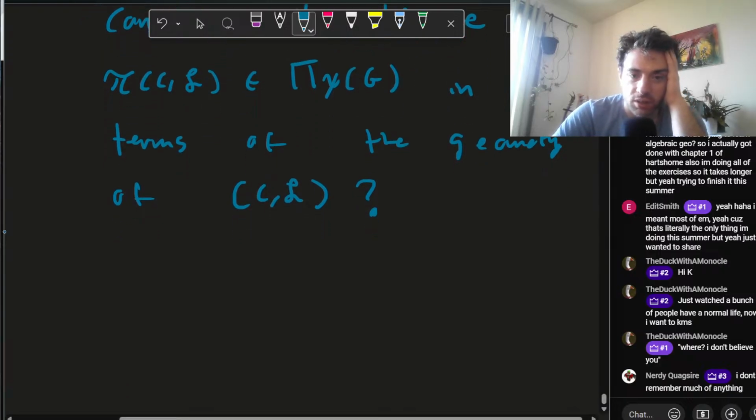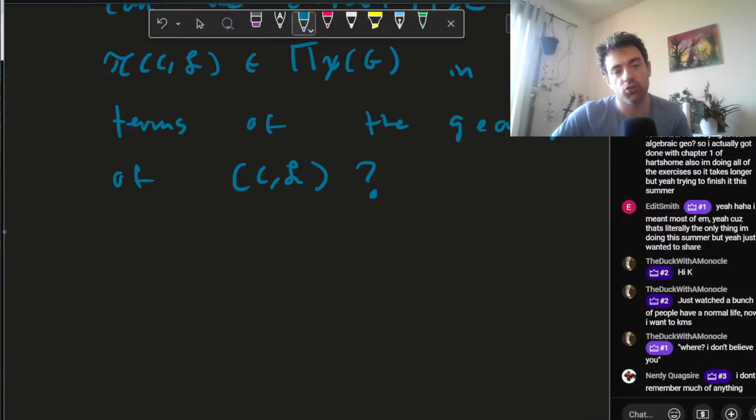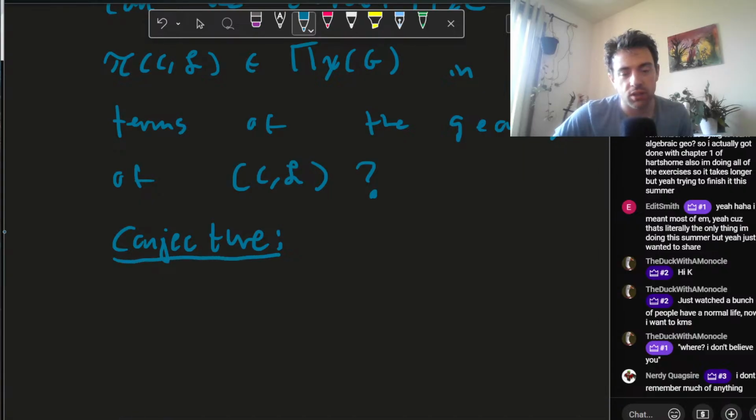And it turns out that there are different perspectives on this, but one way to answer this question is the conjecture. And I'm going to state this very imprecisely, but we'll get into it in future episodes.